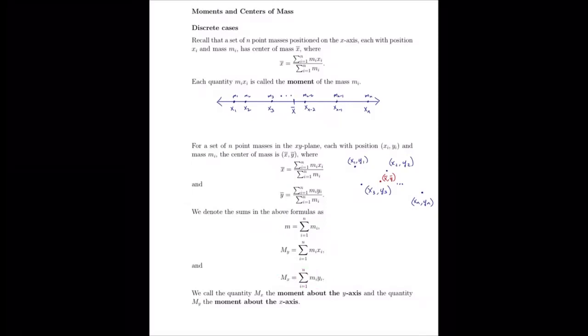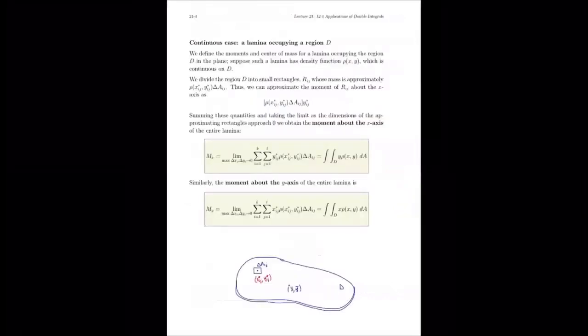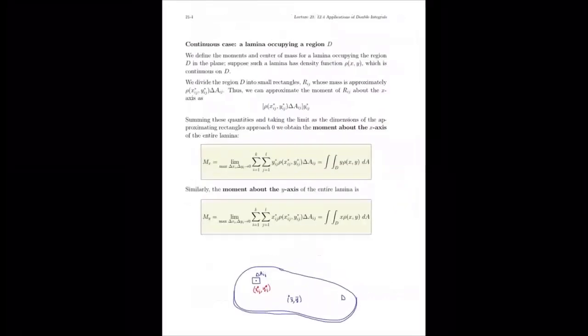So with these things defined, and this idea of how to find moments and centers of mass for points in the plane, we can now extend this to the continuous case of a lamina D. So the idea, we want to find the center of mass of a lamina D, which has continuous density function, again, rho of xy.